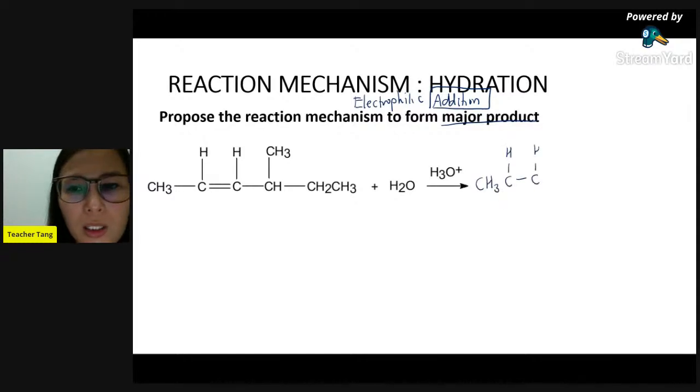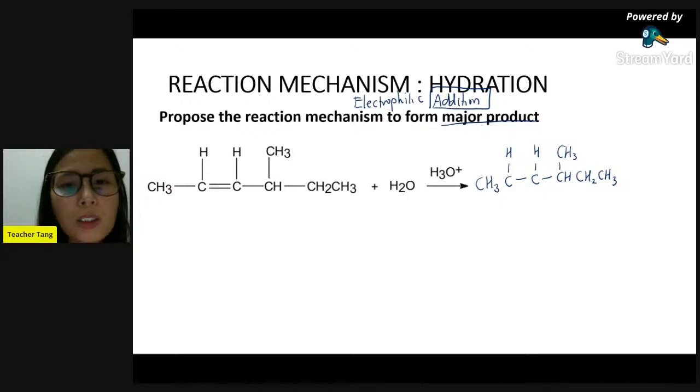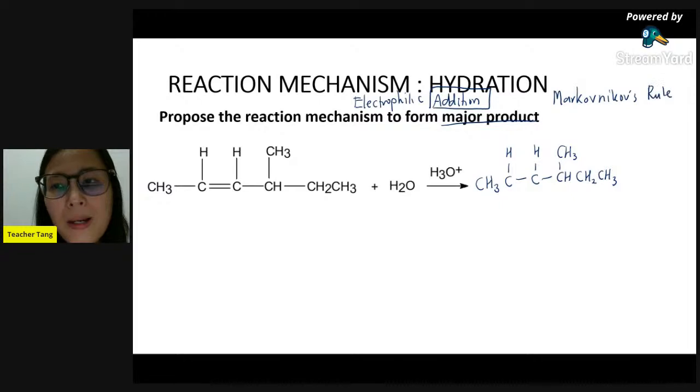So means that, okay, so here it becomes single bond. So, and then, nampak tak? And then, must remember, so this one, hydration, the product based on the Markovnikov's rule.